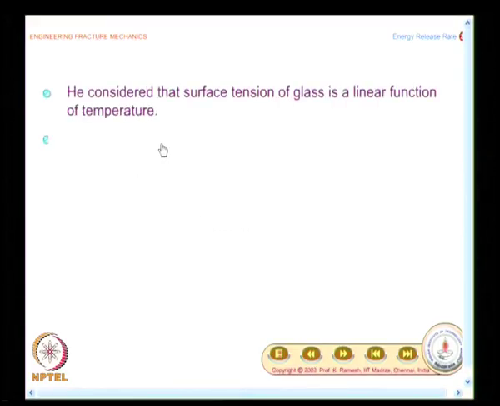For you to get the right hand side expression, you need the value of surface energy. Surface energy in glass has to be estimated. You will have to congratulate Griffith for having taken the pains to perform such difficult experimentation.